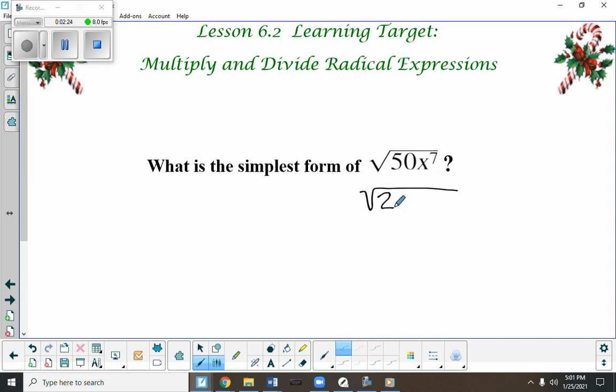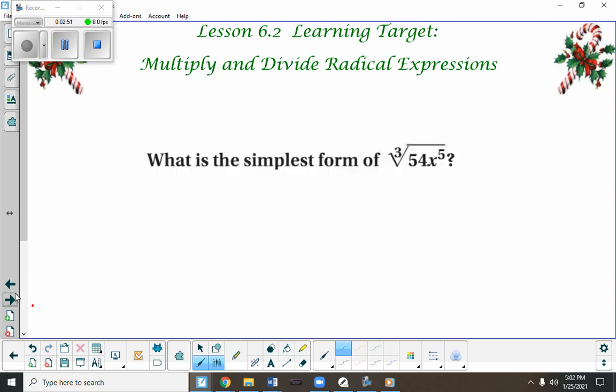So you would write that as 25 times 2, and then you have x to the 7th. So the square root of 25 is 5. And if this is the square root of x to the 7th, there are 3 groups. 2 goes into 7 3 times. And then you would have x cubed out here. There'd be 1 x left inside. So that is your answer, the simplified form of that problem.